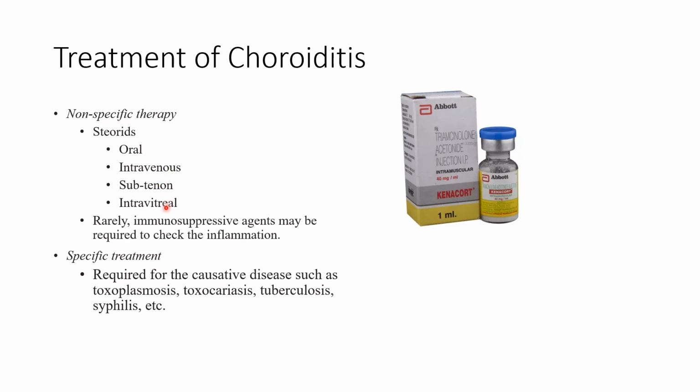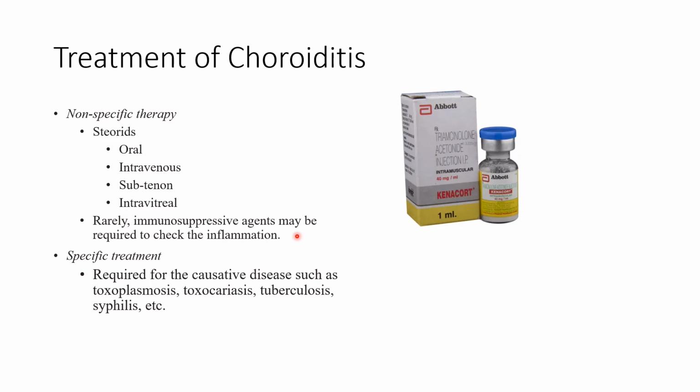Subtenon and intravitreal are given in a situation where long-term maintenance has to be given, and the caregiver, the doctor, wants to avoid the systemic side effects of systemic steroids. Rarely, immunosuppressive agents may be required to check the inflammation when a patient has to be kept on steroids for a very long time, which can cause Cushing syndrome, which can cause other diseases as well.